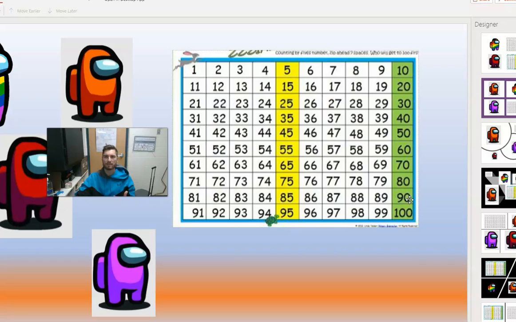What's 1 ten less than 90? So 9 tens, what's 1 less? Yeah, 8 tens. So we know it's going to be 80, and it's going to have a 5. So 90, 85, 80, 75, 70, 65.